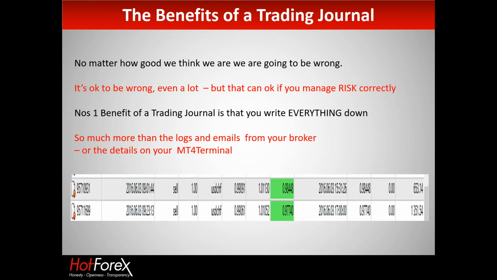So what this means is that it's okay to be wrong. It's okay to be wrong often, but you can be wrong often only if you can manage your risk correctly. So in order to manage your risk correctly, you need to write everything down. This requires quite a lot more information than the logs or the emails you get from your broker or the details on the MT4 platform.